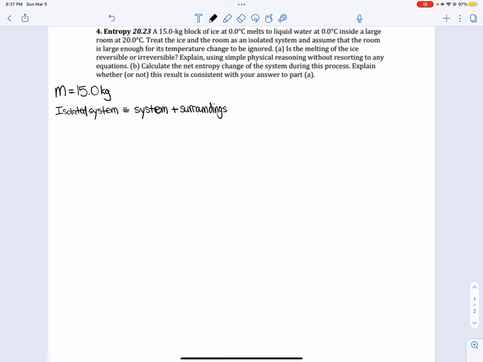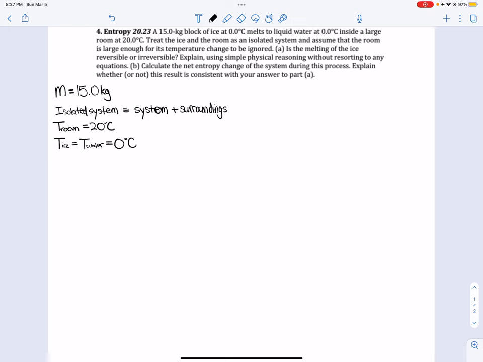Then, assume that the room is large enough for its temperature change to be ignored. So the temperature of the room is constant at 20 degrees Celsius. And the temperature of the ice, which is also the temperature of the water that melts, is constant at 0 degrees Celsius.